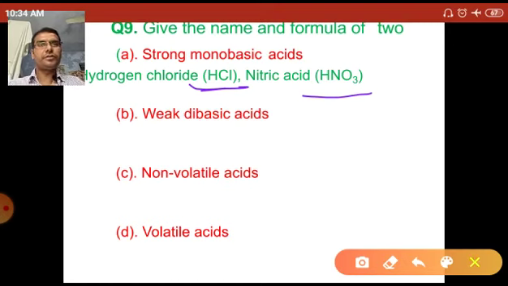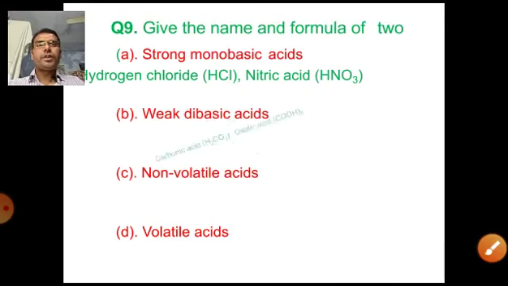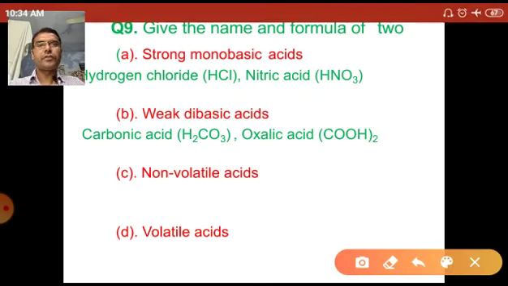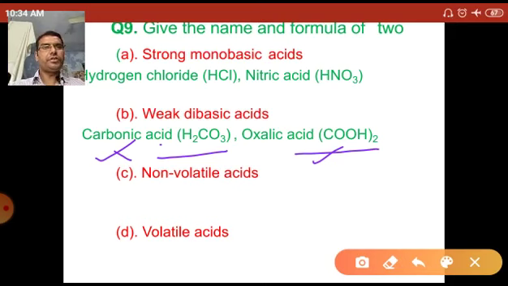Now the next question. Weak dibasic acids: carbonic acid and oxalic acid. These are weak acids. Carbonic acid is a mineral acid, but exceptionally this acid is a weak acid. Oxalic acid is an organic acid, and all organic acids are weak acids.